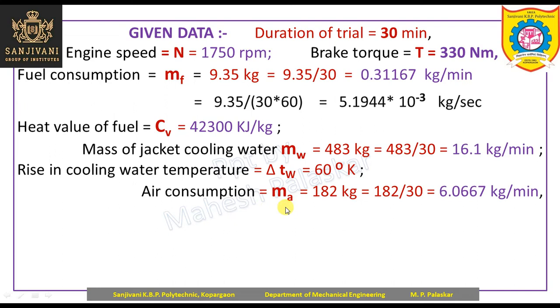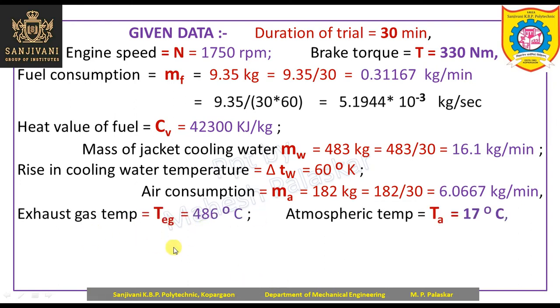Air consumption, mass of air, is 182 kg for 30 minutes, so 182 upon 30 is 6.0667 kg per minute, that is the mass of air consumed. Then the exhaust gas temperature is given as 486 degree centigrade, and that is denoted by TEG. EG is the suffix.